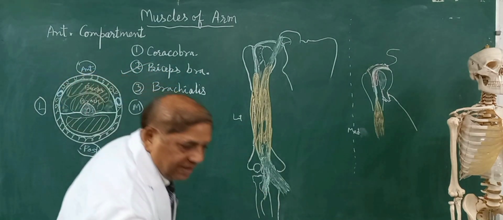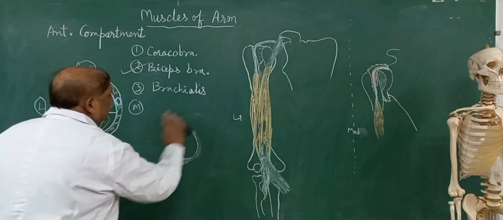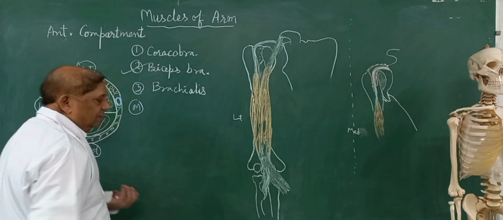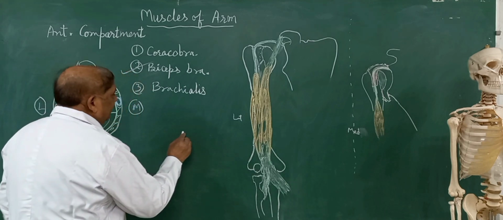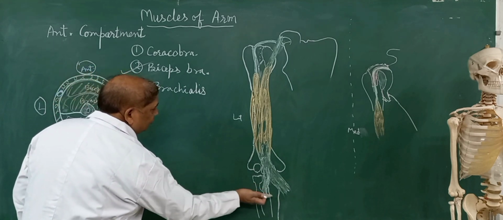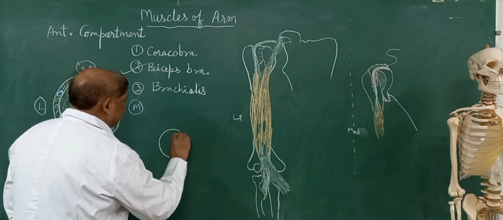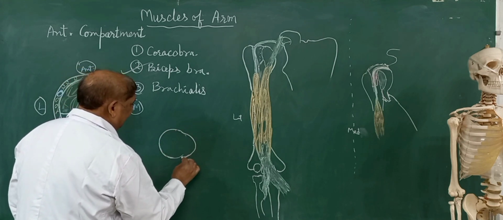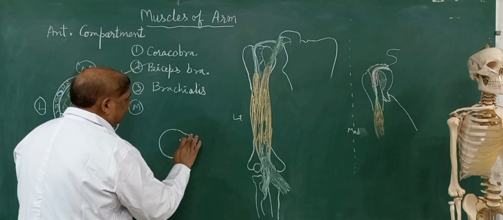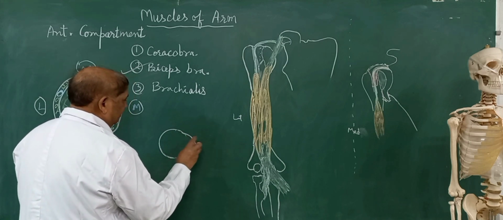If I draw this diagram to show you the attachment of the tendon of the biceps on the radial tuberosity, you will realize that if I cut a section of the radial tuberosity here, this is the radial side, meaning the lateral side, this is the medial side, and suppose this bump is the radial tuberosity.